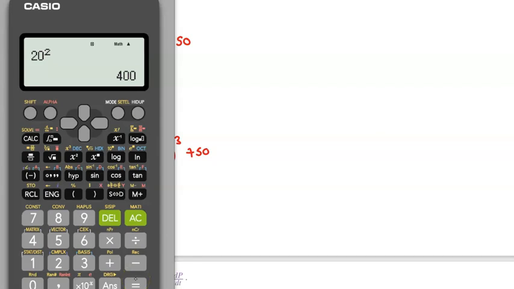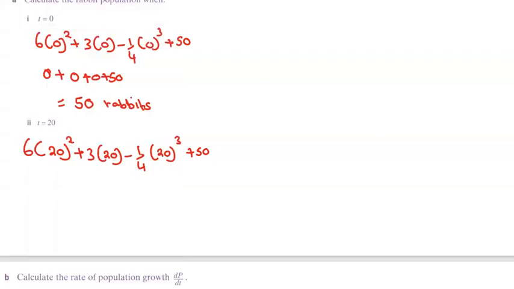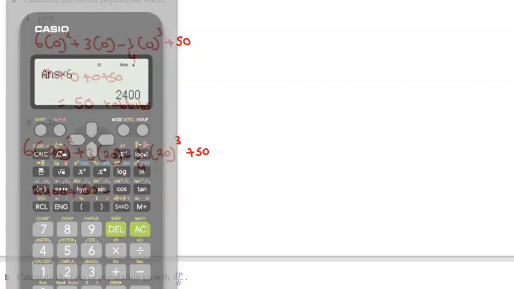So this 400, we are multiplying it by 6, which is giving us 2,400. Plus 3 times 20 is 60, minus. Now a quarter, 20 cubed times a quarter.